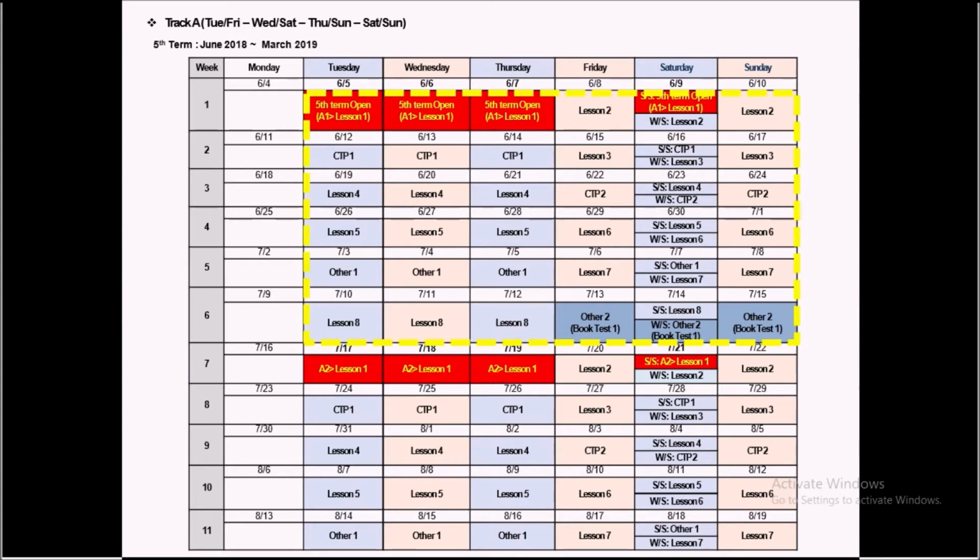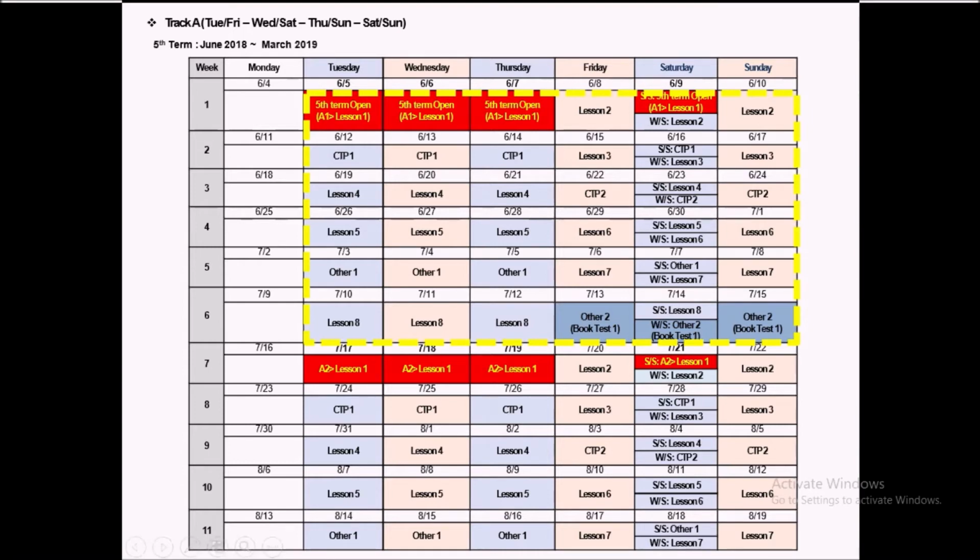Each book can be again subdivided into 12 lectures. So that would be lesson 1, lesson 2, CTP 1, lesson 3, lesson 4, CTP 2, lesson 5, lesson 6, other 1, lesson 7, lesson 8, other 2.